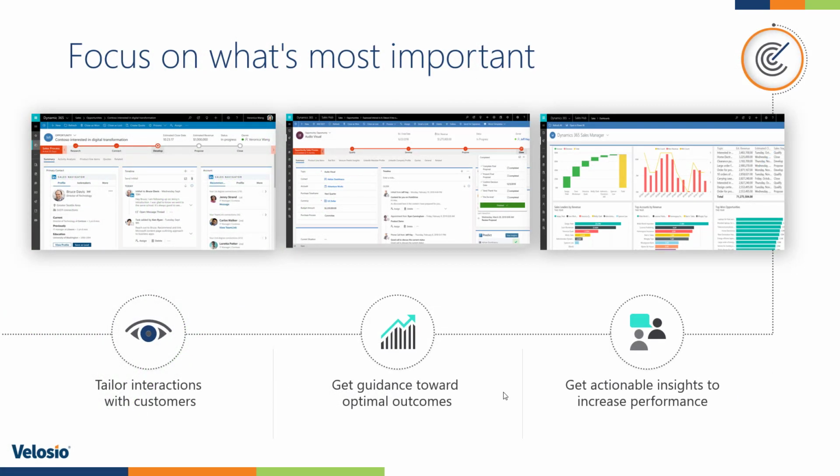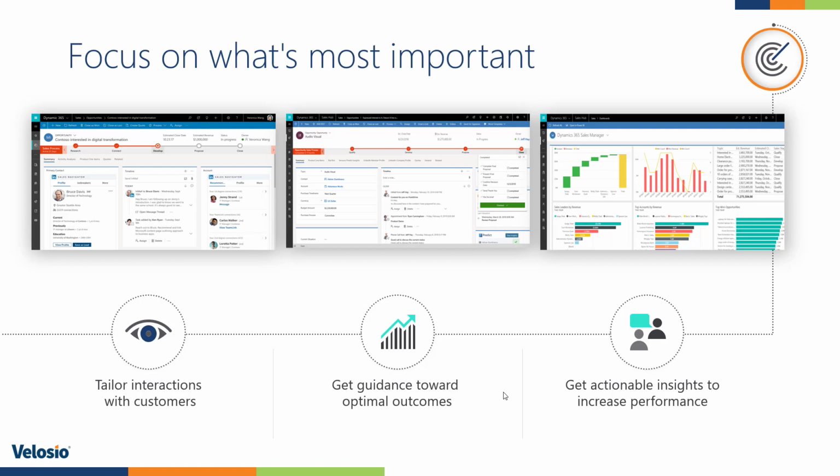Let's take a look at how Dynamics 365 helps sellers focus on what's most important. As sellers juggle an increasing number of stakeholders, it gets harder to tailor and personalize interactions. Dynamics 365 provides a holistic view of the customer's interaction history, so sellers have the context and knowledge to personalize every interaction with buyers.